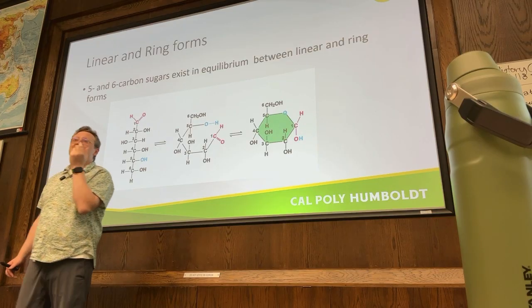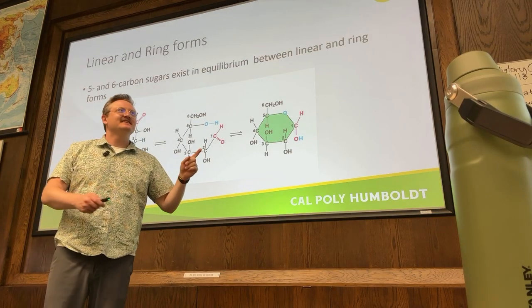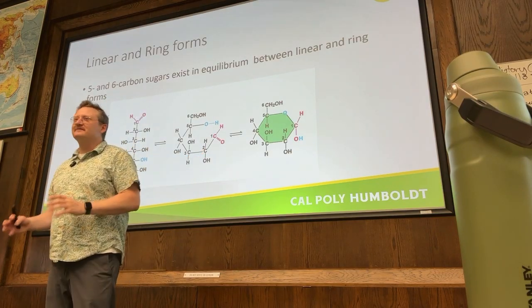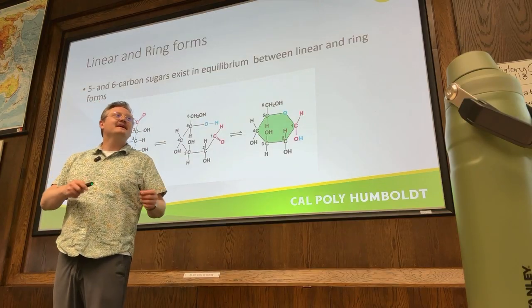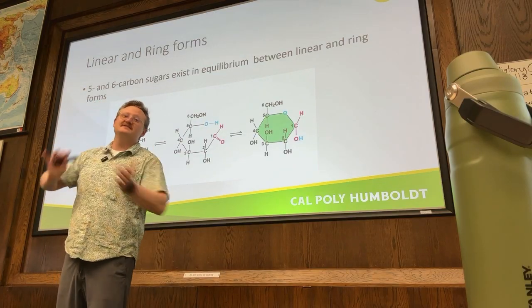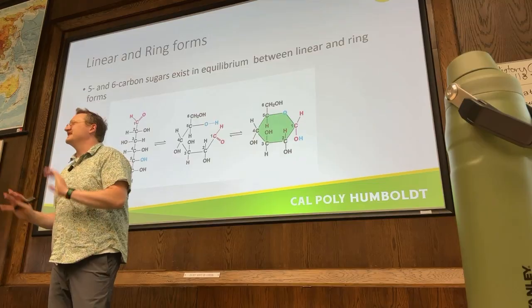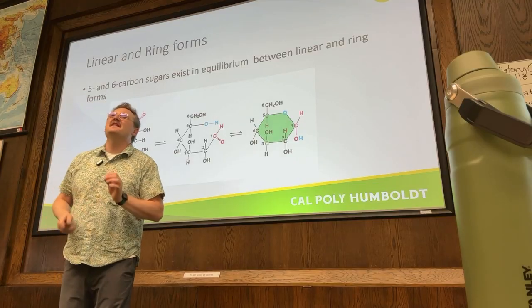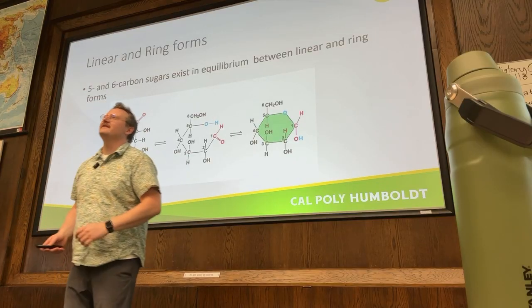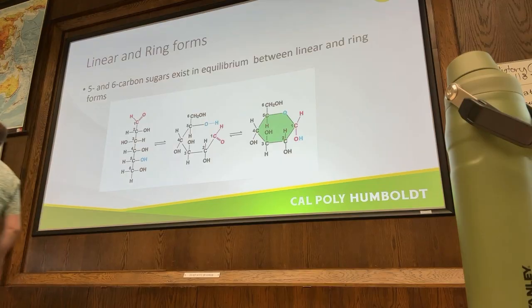But all I'm going to show you is this and tell you, yeah, sometimes carbohydrates are in a more linear form, and sometimes they fold on themselves and make a ring form. It affects things like the molecule stability and how they polymerize. It's all very fascinating for a different class.